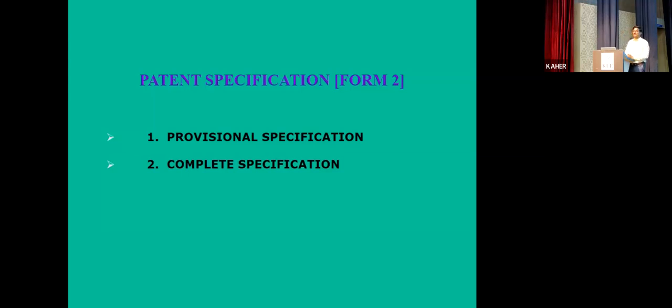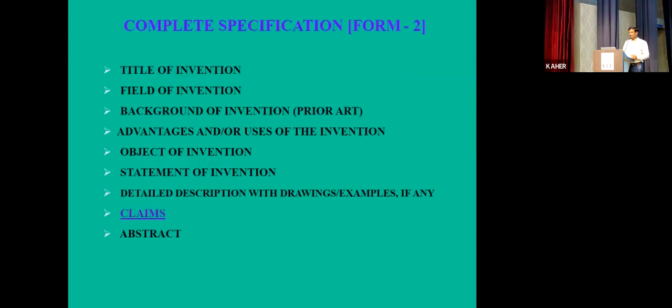Complete specification with all the details. What are the details required? Title of the invention. First and foremost, the first page will have the title of the invention and the applicant and his nationality along with the address. There may be n number of applicants. 1 is minimum and it can be hundreds.